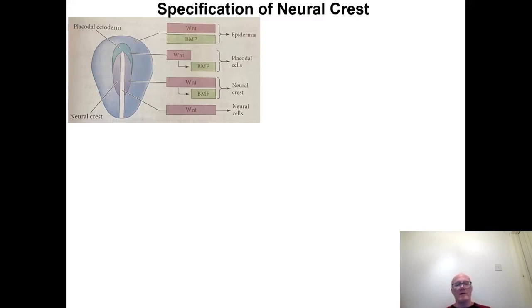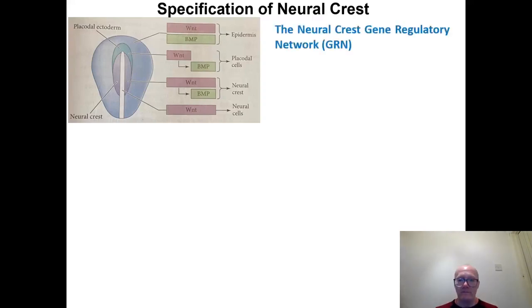More posteriorly, cells that are exposed for a long period to Wnt signaling, or Wnt signaling plus BMP, become neural crest. And whether they're exposed to only Wnt signaling or to Wnt and BMP will determine which kind of neural crest they produce.